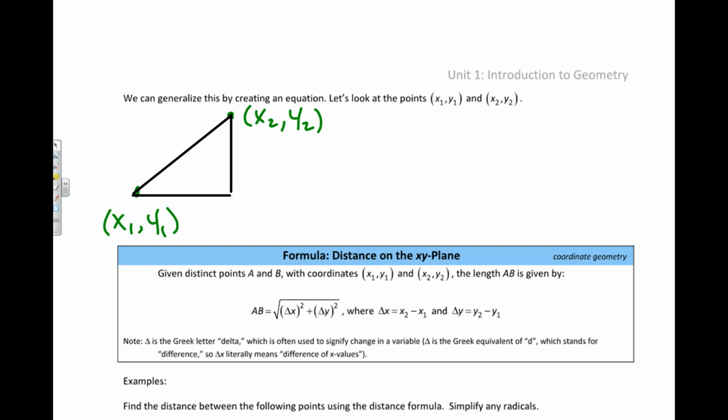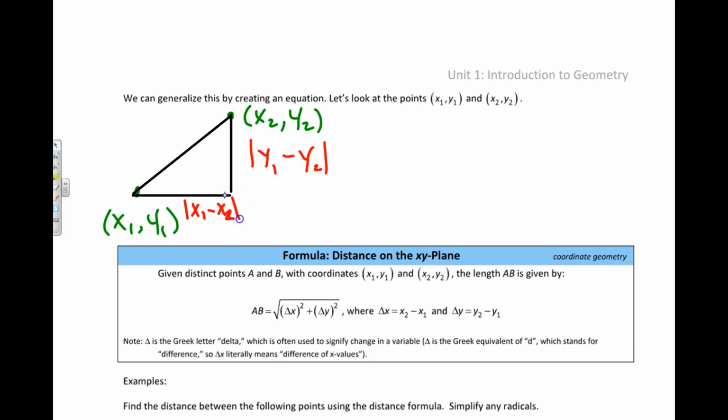I can find out that the length of my vertical side here is the difference in my y values. It's really the absolute value of y1 minus y2. And then this length here would be the absolute value of x1 minus x2.